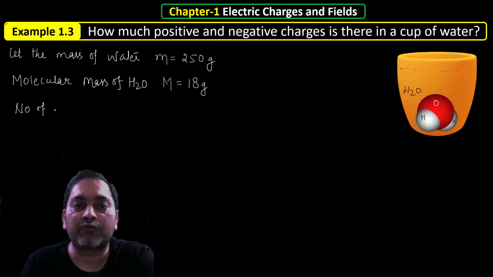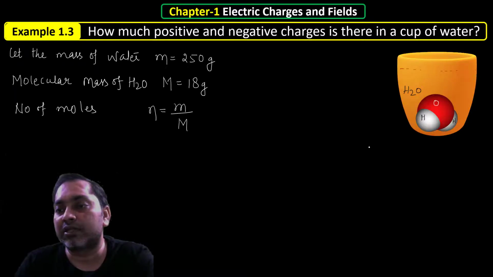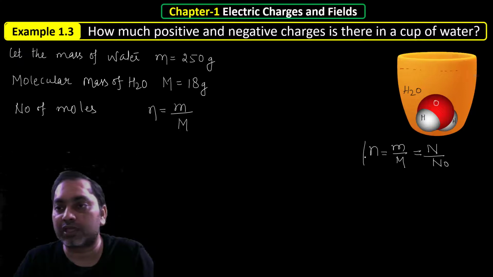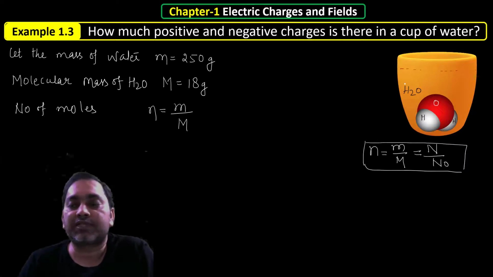The number of moles, represented as small n, can be calculated as small m divided by capital M. Here there is a relation that n is equal to m upon capital M, and this is also the number of particles divided by the Avogadro number. This is the relation we use in this question, and then we will calculate the total charge, positive as well as negative.